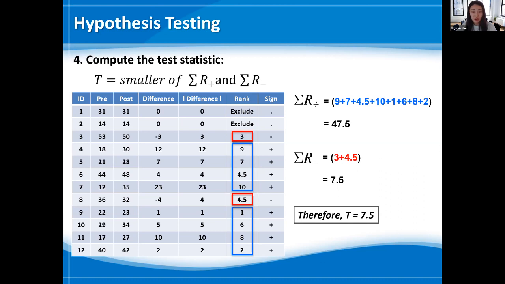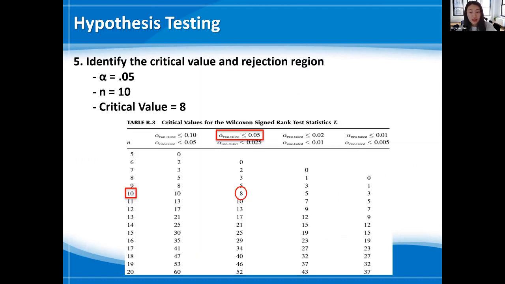So let's find out how to do that. Let's take a look at the critical value table here. The significance level we set was 0.05 and the sample size was 10. The number supplied to us is here, 8. If a test statistic is equal to or below this critical value, then we can reject the null hypothesis.